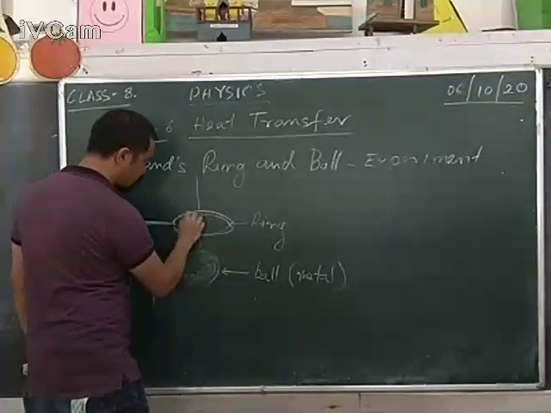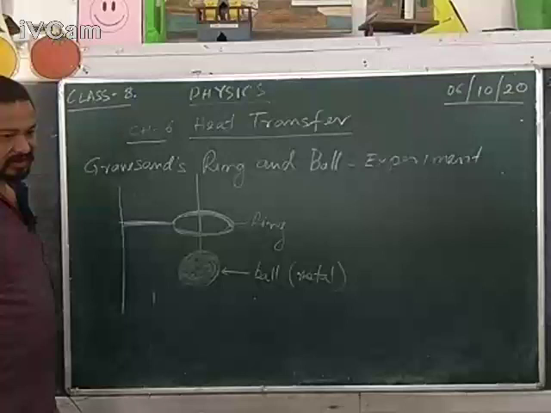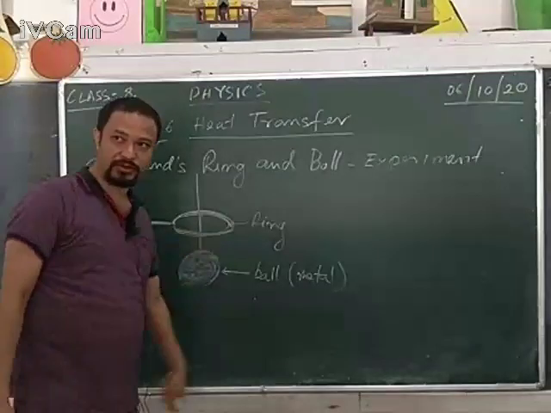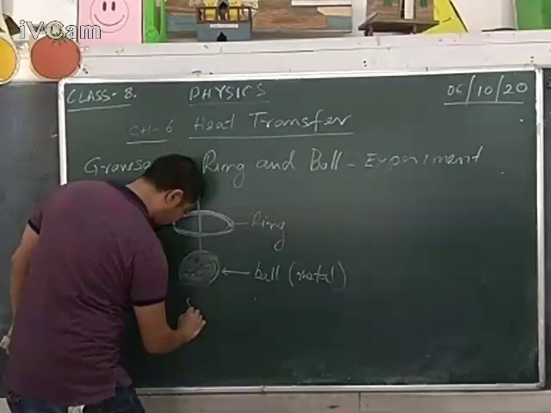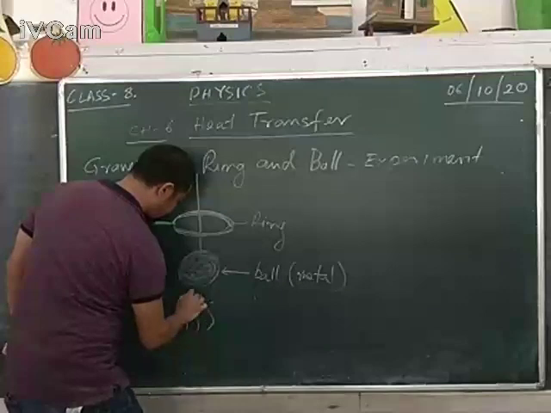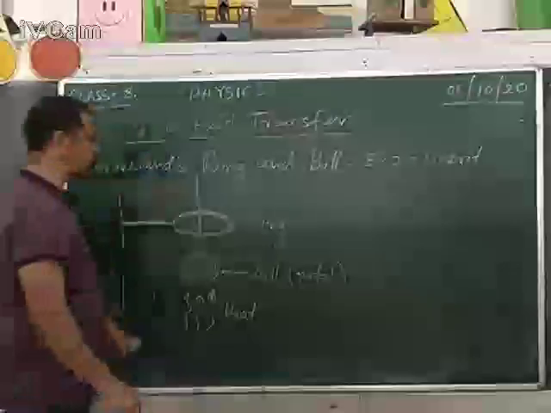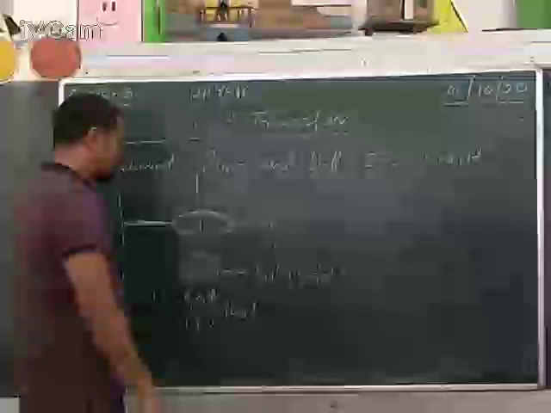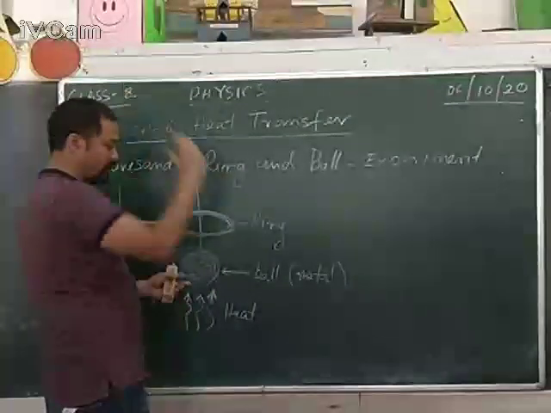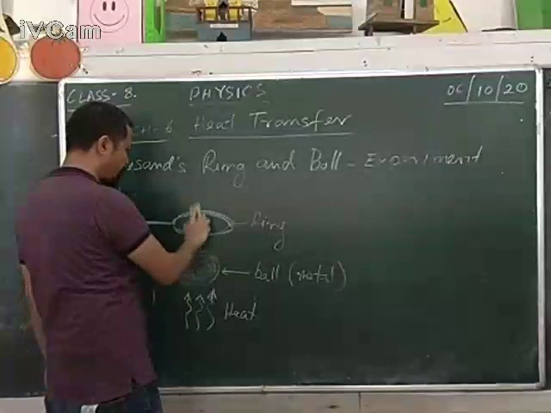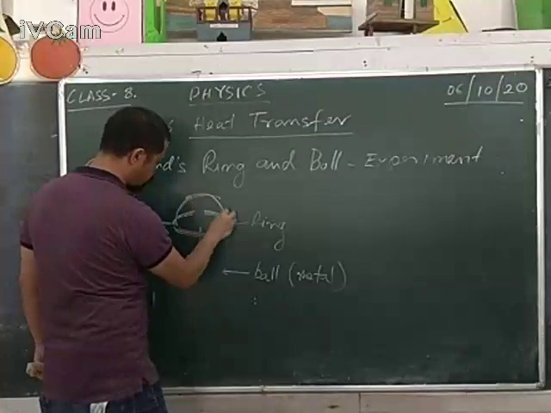Initially, when you take this ball and put it through this metal ring, it passes through and comes back, right? But then let's say you heat this ball. First you put it through, and it goes through. Then you take the ball out and heat it. Then you try to put the ball back into the ring. The ball will not go through.